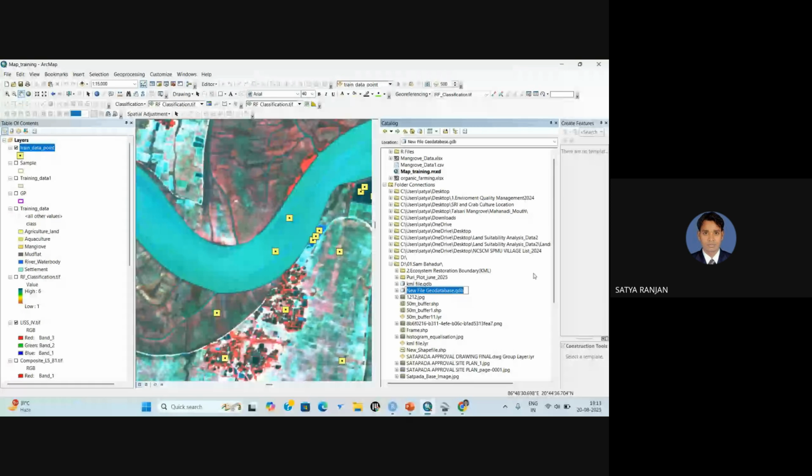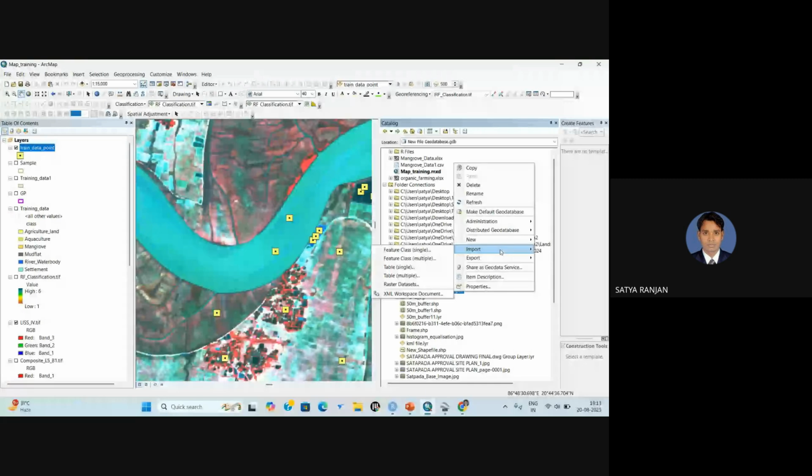After that, we can import a lot of features like shapefiles, KML files, and other files, which can be stored in this database. It is also possible to import satellite images and topographic images. All GIS-based information can be stored in one place. This is called the geodatabase.